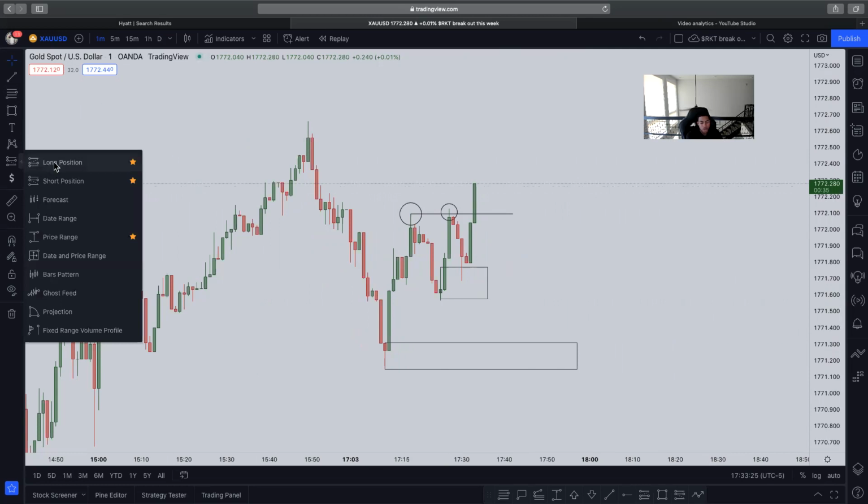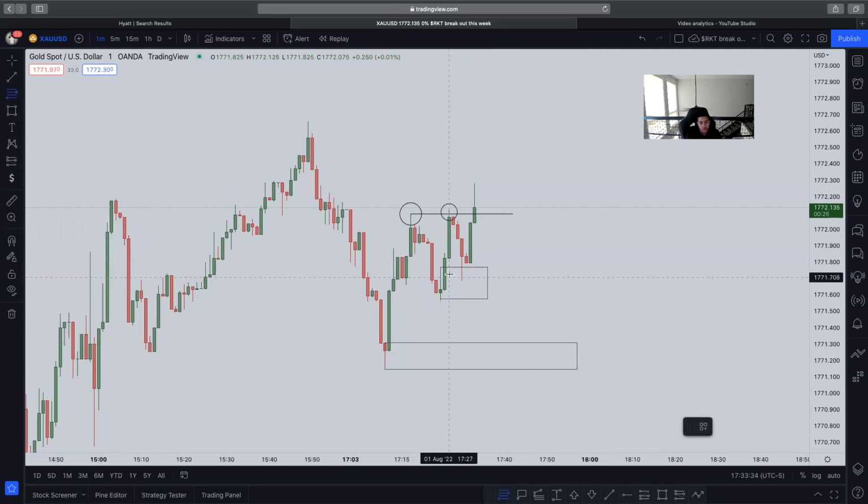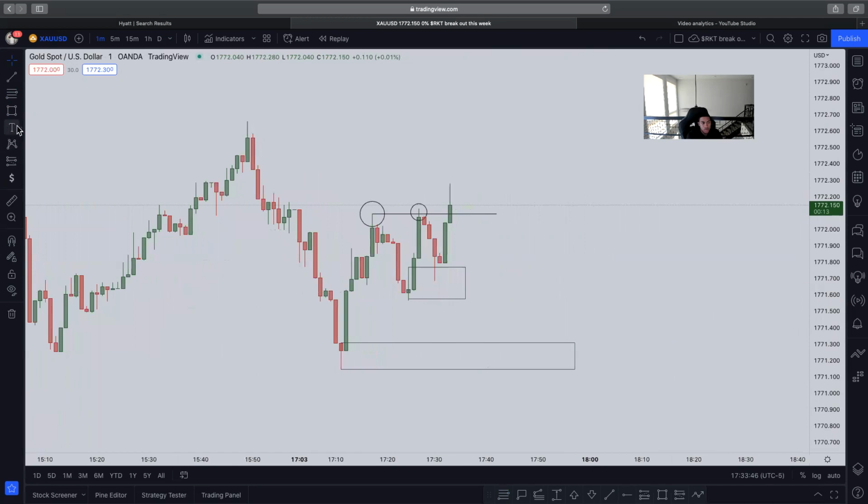But the reason why I'm doing this is just to show you that, with charting, as long as you understand how to chart, you can be successful at trading, okay? And that's really all I'm trying to emphasize. So we just saw how we captured this move down and how we could have captured that move up.